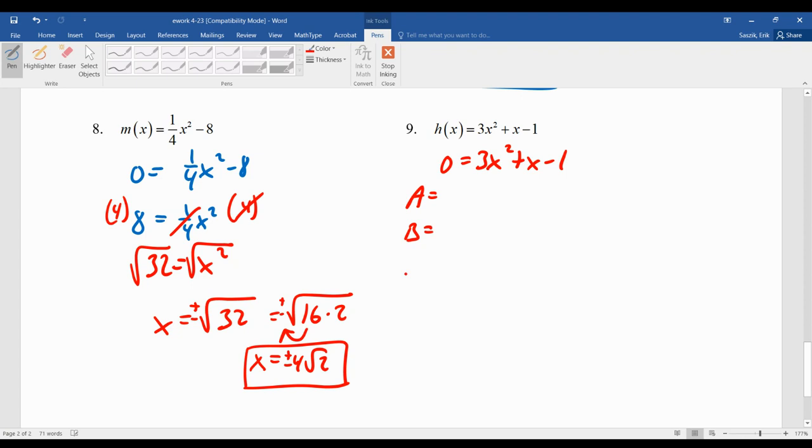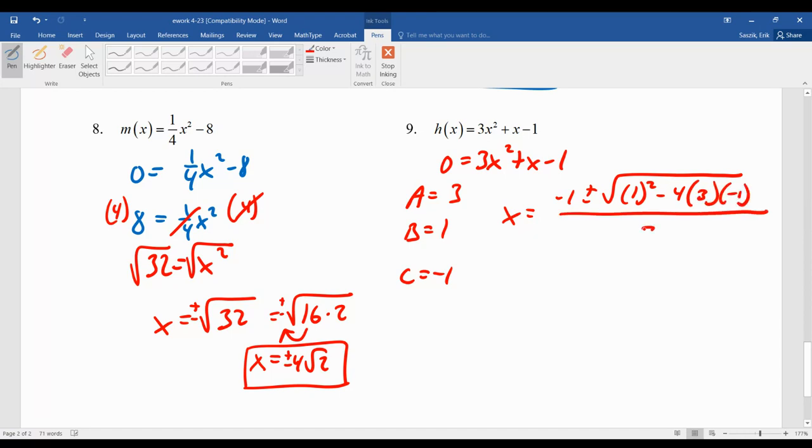So that's where I write down our a, b, c: 3, 1, -1. x equals opposite b plus or minus square root of b squared minus 4 times a times c, all over 2 times a.